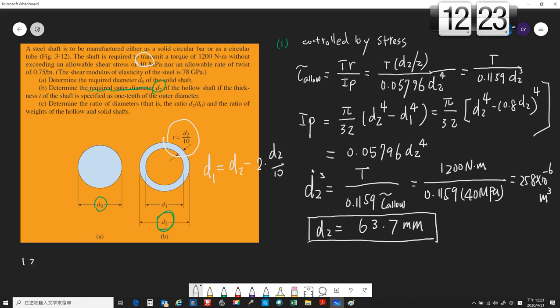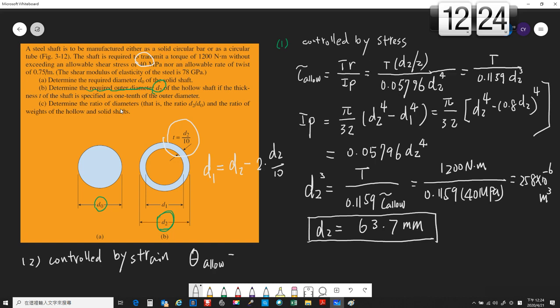Also the second, control by strain. Yeah, and we do the similar work. Firstly, we should write down the equation we already discussed before.